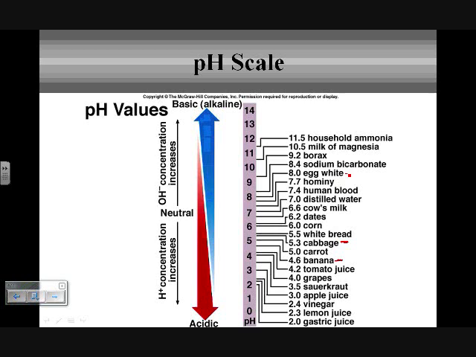Egg white is actually somewhat basic. Sodium bicarbonate is our chemical name for baking soda, and in our lab we used that baking soda with the vinegar when we buffered, right?